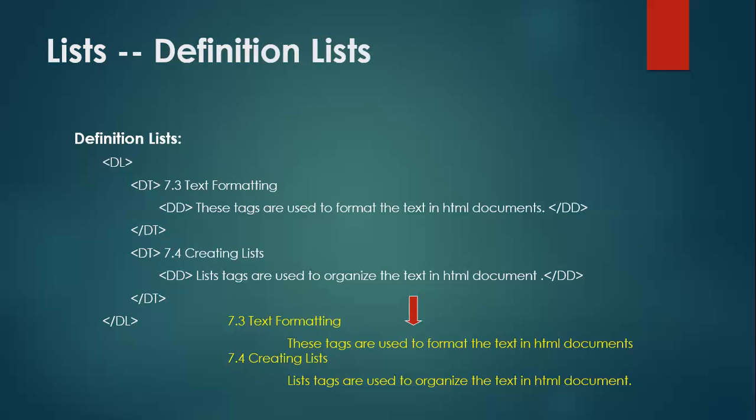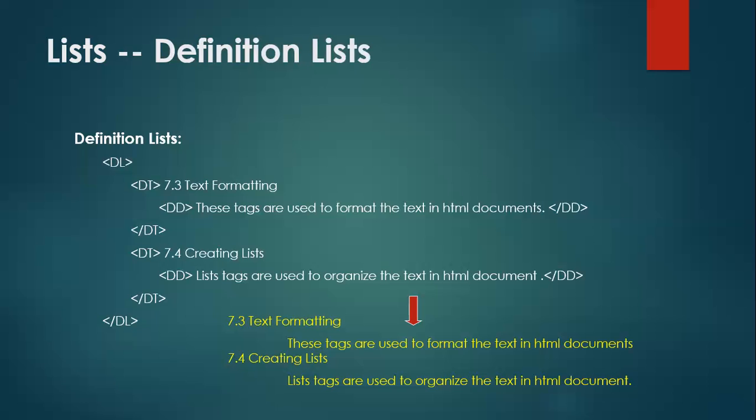This is DT starting, this is closing. In between the starting and closing, we have another pair of DD, data definition tag. When the definition is completed, we enclose it with the closing tag of DD. And after DD, the data definition closing, we close the DT, data term tag.